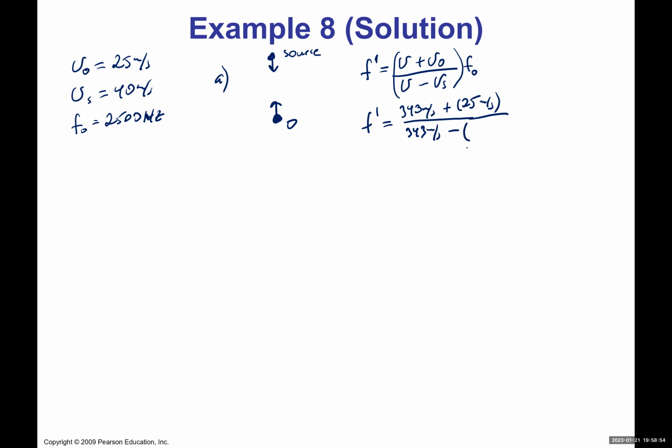The negative is part of the equation, but because the source is moving toward the observer, we take that speed to be positive, so it becomes positive 40 meters per second. This whole thing times 2500 hertz. Plug in, calculate. We should get 3040 hertz, or roughly 3.04 kilohertz. Technically I can write the original as 2.5 kilohertz. All right, so this was part A, where they are approaching one another.